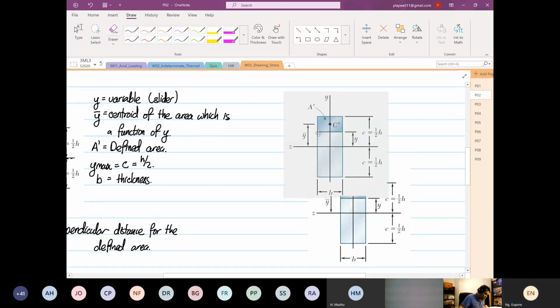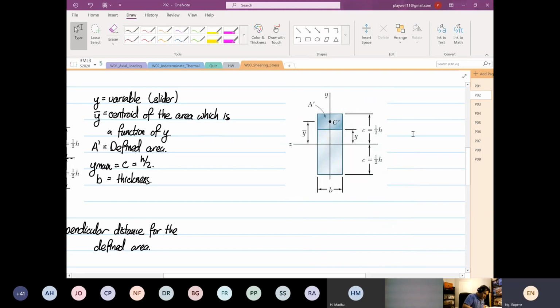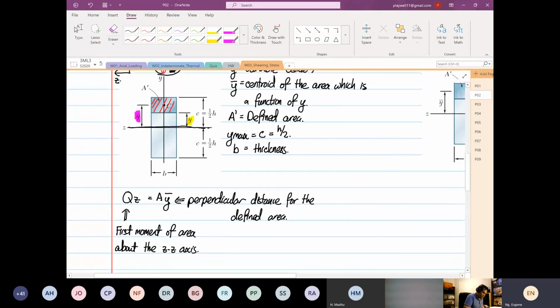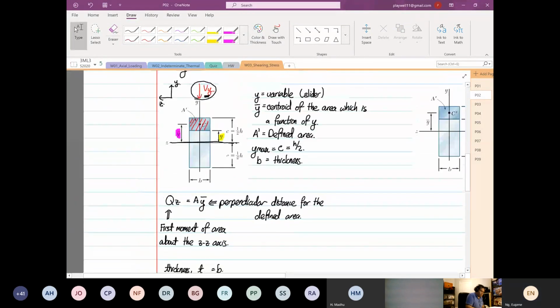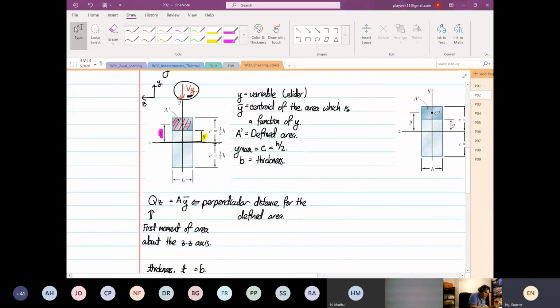So before I go on, for this case, the thickness T is equal to what? B. Okay. So the axis of interest is always acting perpendicular. Yes or no? Right? So the geometry that is perpendicular, that is your thickness.